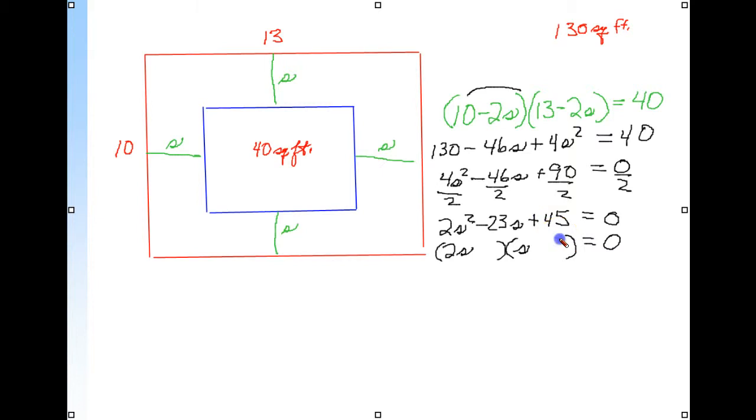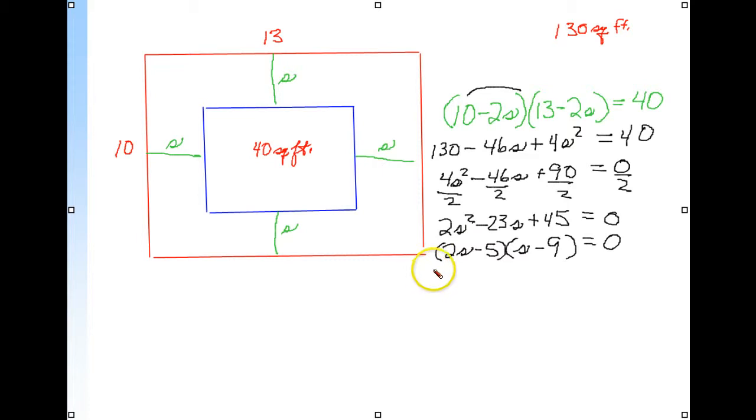And I have a feeling it's going to be a 9 and a 5. Because when I do my outers, I get an 18. And I do my inners, I get a 5. And so that is a negative 23. These both have to be negative. And to get a positive 45, these also both need to be negative.